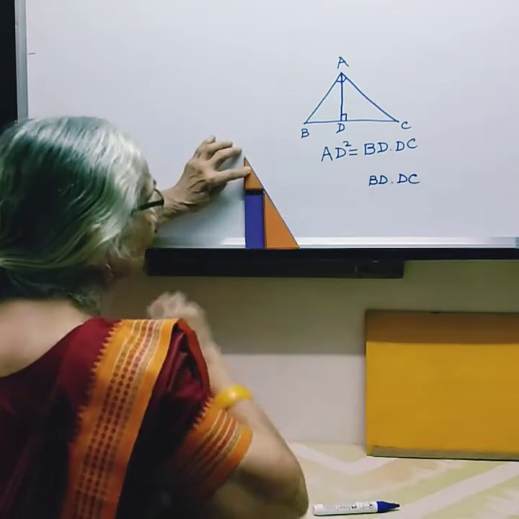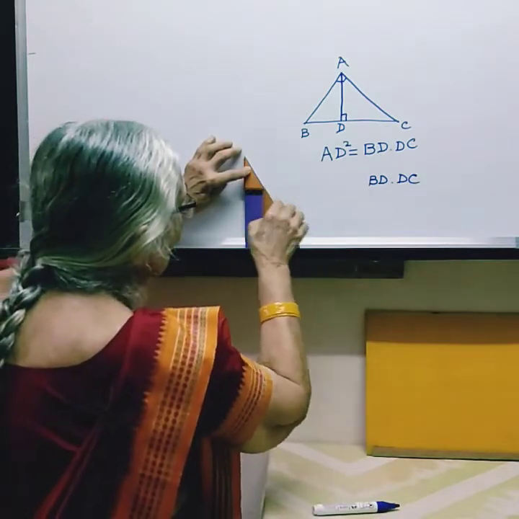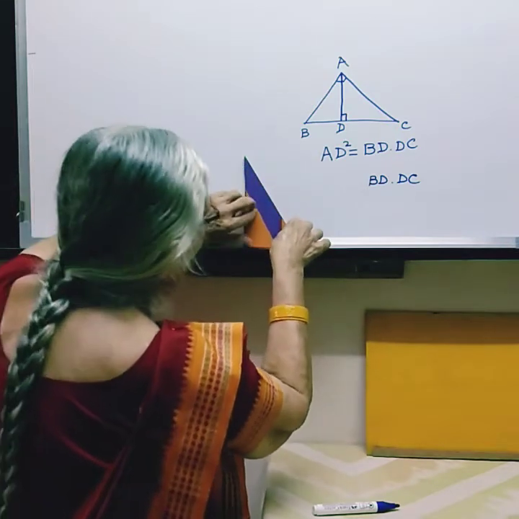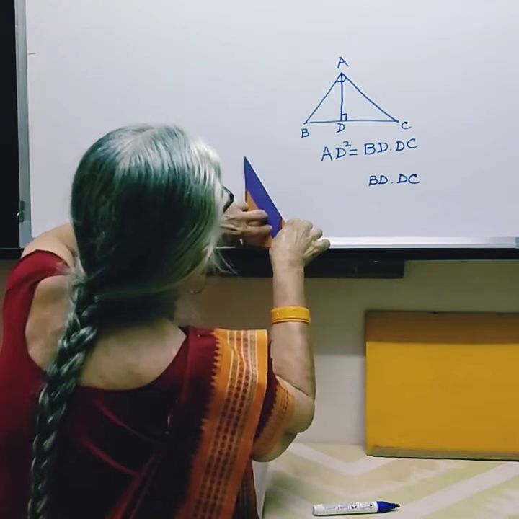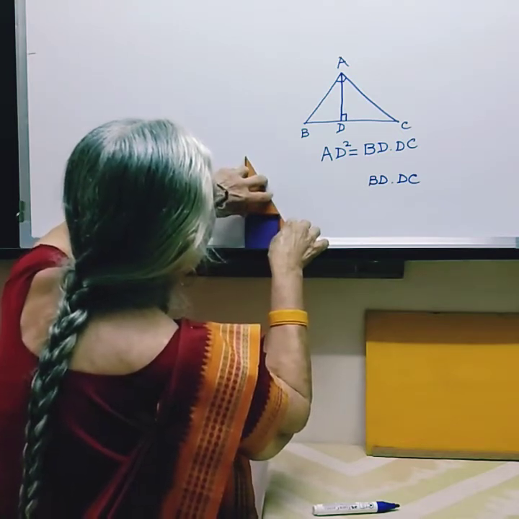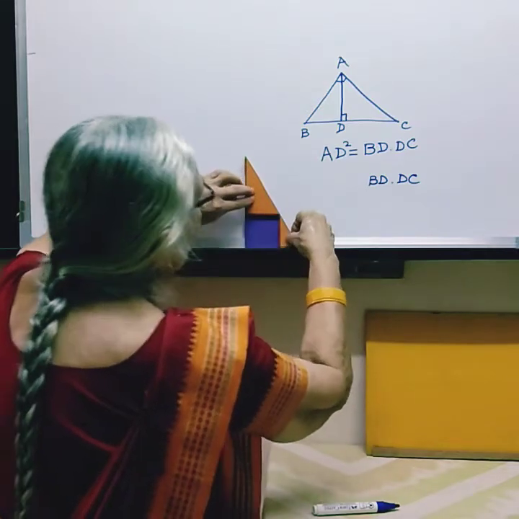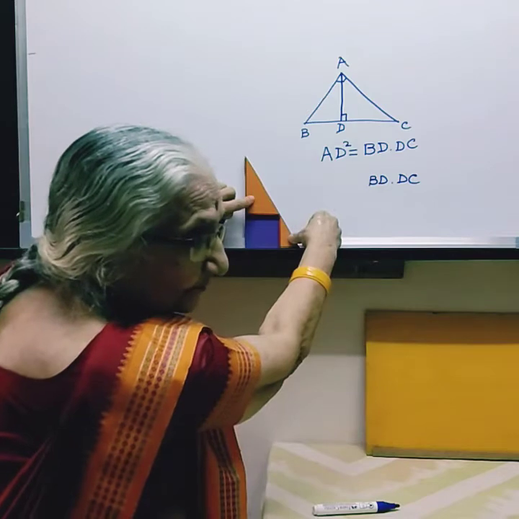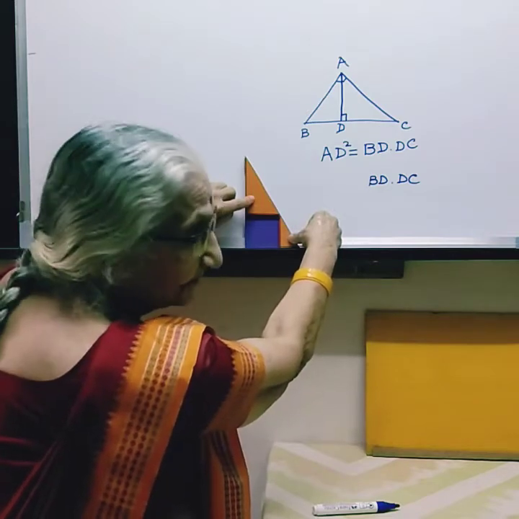Okay, what we do now is, we move this here and take this one up there. All we have done is taken the smaller triangle below, the bigger triangle up.